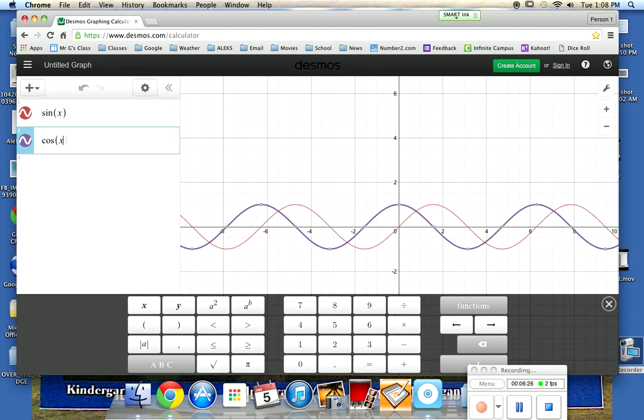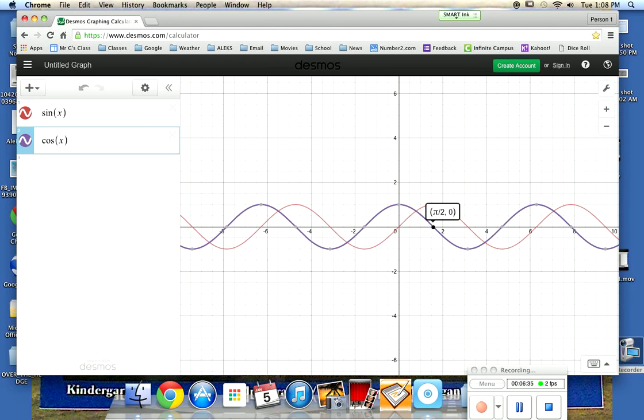What's happened is we have moved this over by pi over 2 or 90 degrees. Cosine and sine are the same thing, but cosine is just a phase shift over.